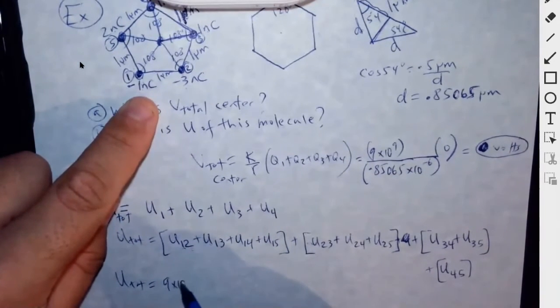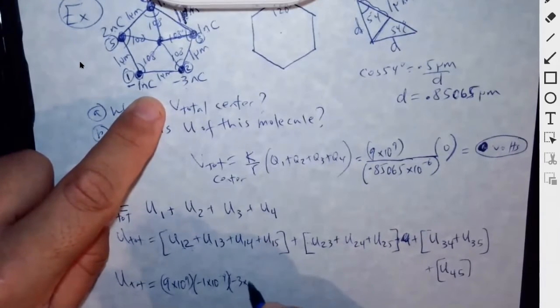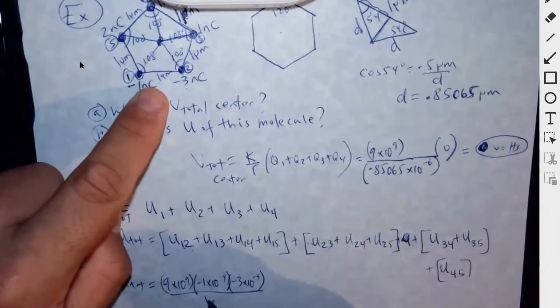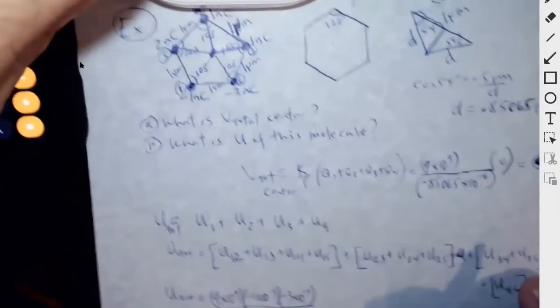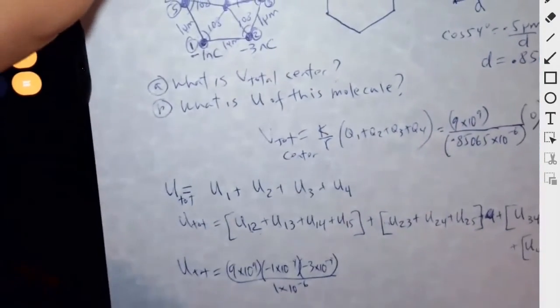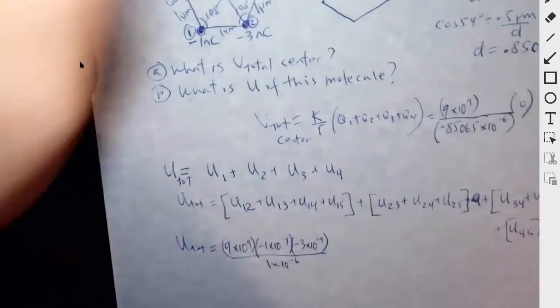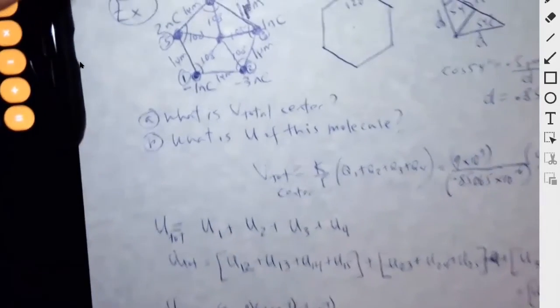So 1 with 2, what's that going to be? 9 times 10 to the 9th. So 1 with 2: negative 1 times 10 to the minus 9, negative 3 times 10 to the minus 9, over that distance, 1 times 10 to the minus 6. I'm going to try to get this whole thing in here so you can see the original picture. It's hard.